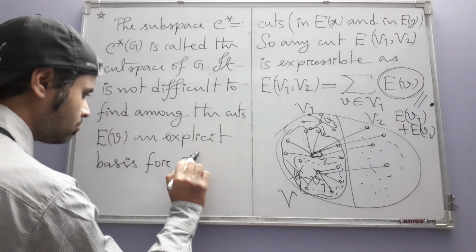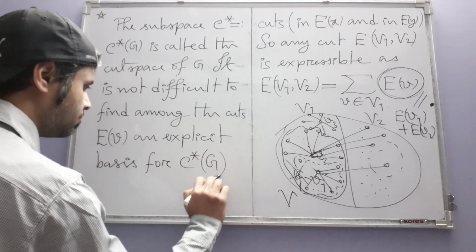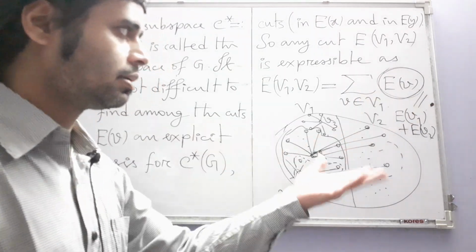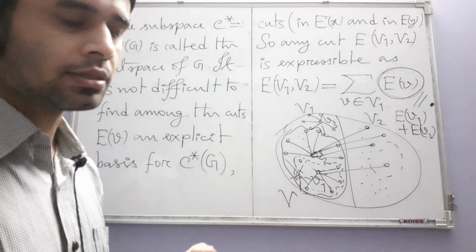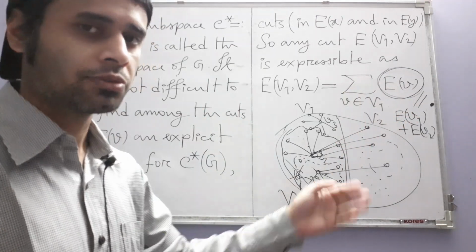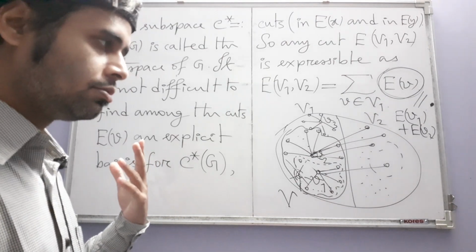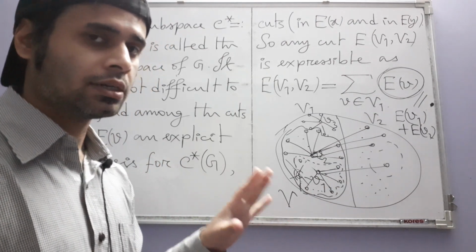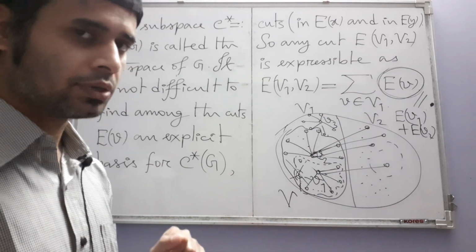Since the set of such E of V is a spanning set, in order to find a basis, you just have to remove vectors E of V from them so that you still have a spanning set, but you have the minimal number of elements.